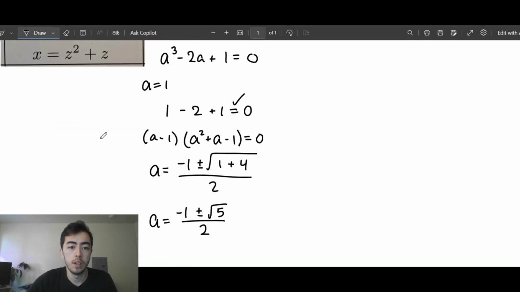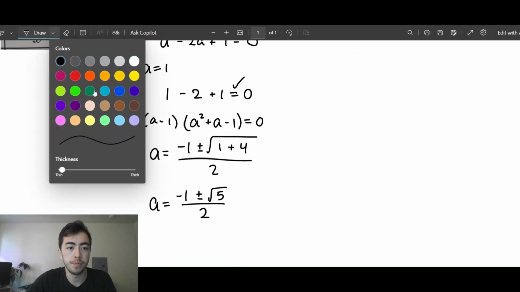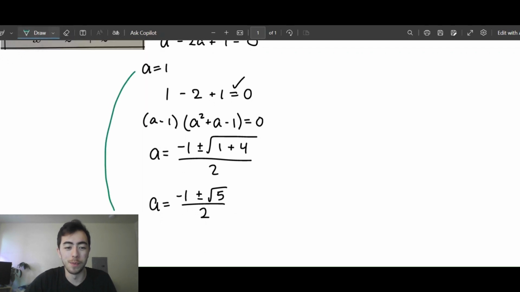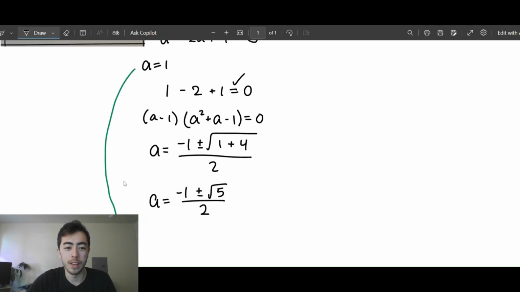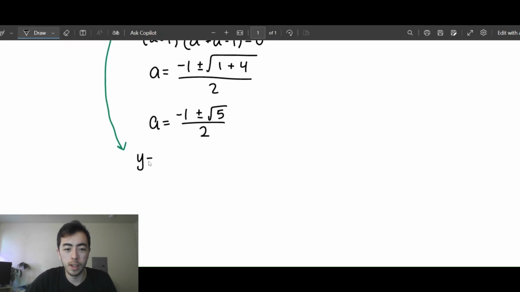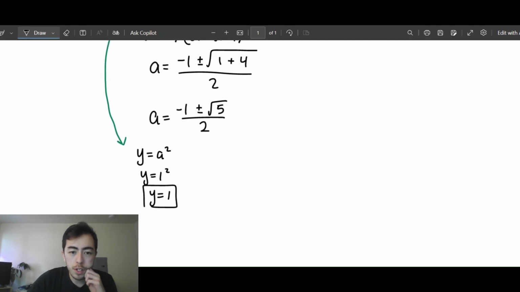Okay. So if I take this one, literally the number 1, and I plug it into y is equal to a squared, well, y is just going to be equal to 1 squared, which is just 1. So there's one of my solutions. And I'm pretty sure this plus and minus sign just goes away once you square it.